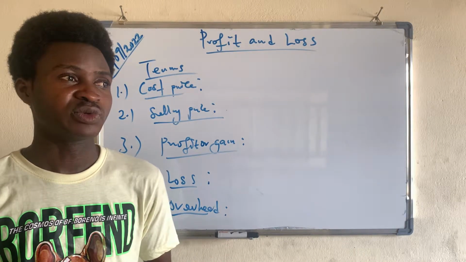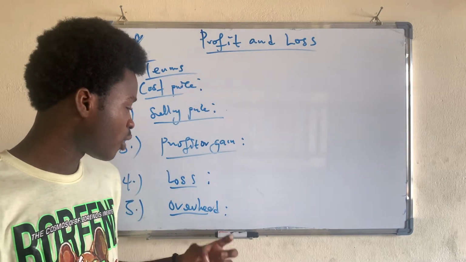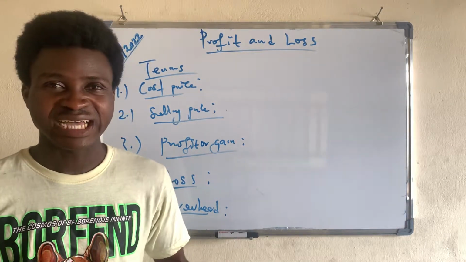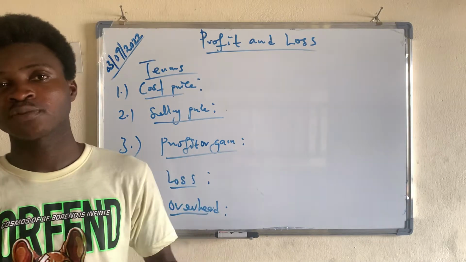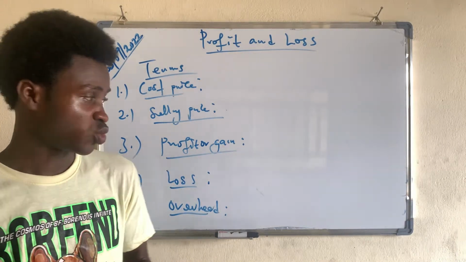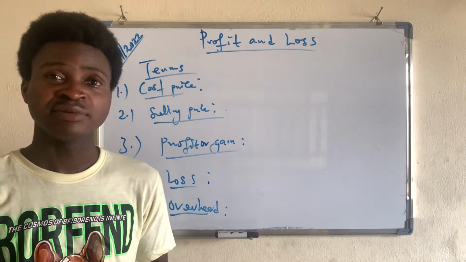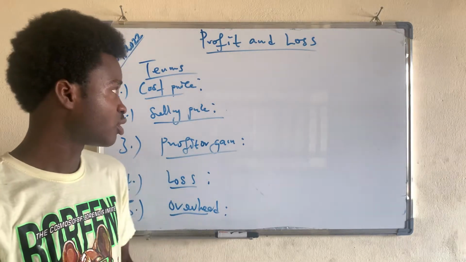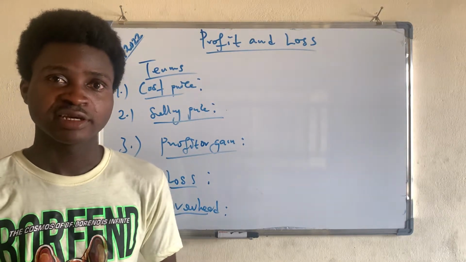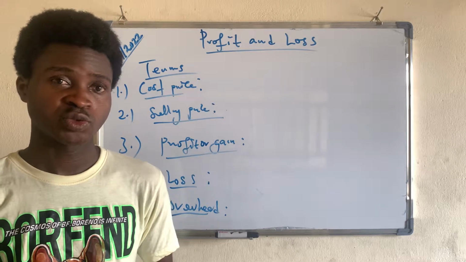It is important to know that we always add our overheads to our cost price whenever we are to find either the selling price or profit percent or whatever the question may require us to look for.